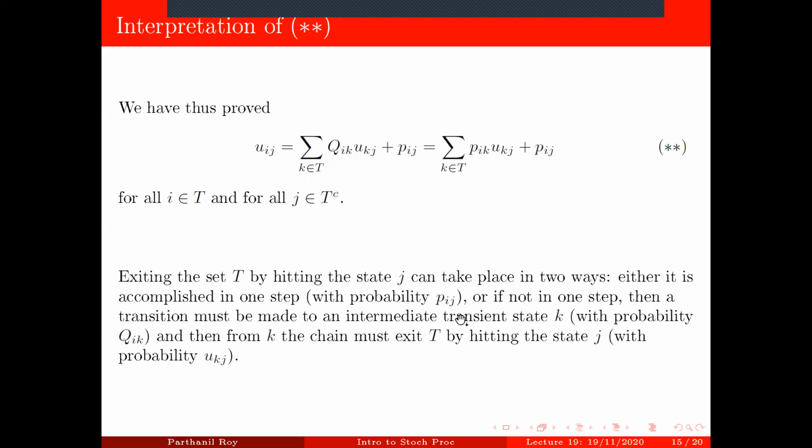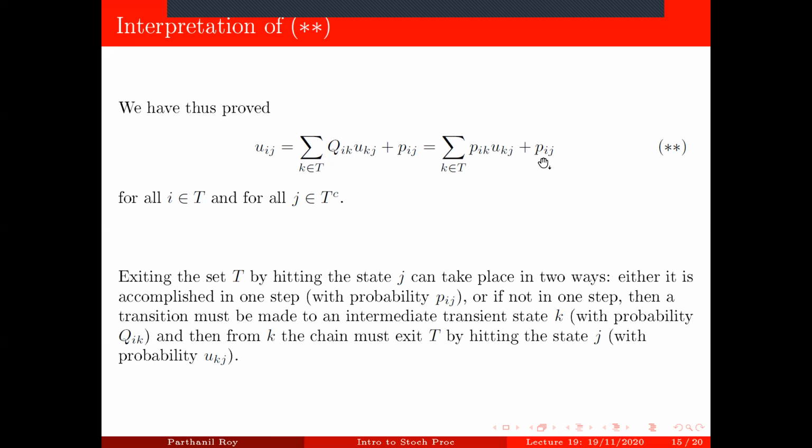So that is the intuition or the heuristics behind star star. This is the interpretation of star star. And what we have actually done in the proof is we have just formalized this heuristic. Most of the cases we first give the heuristic and then give the proof. In this case, I actually gave the proof first and then gave the heuristic so that it becomes completely clear what is going on. So this is what we mean by first step analysis.